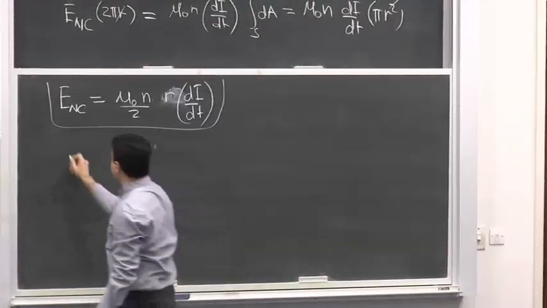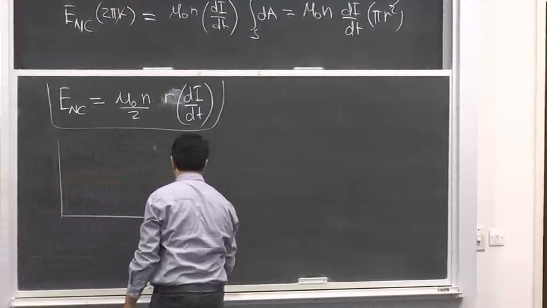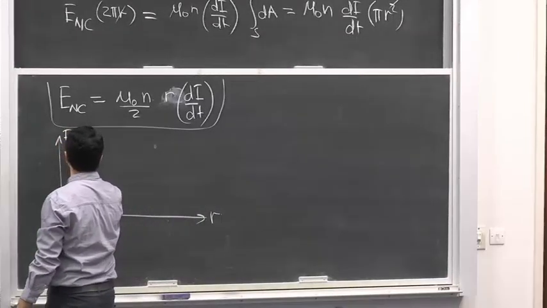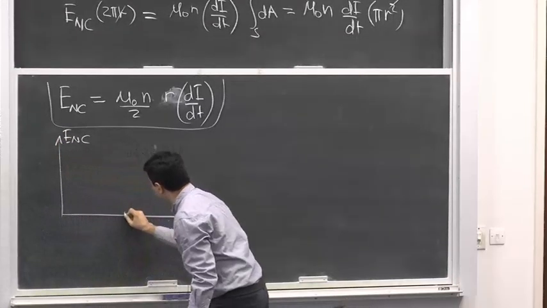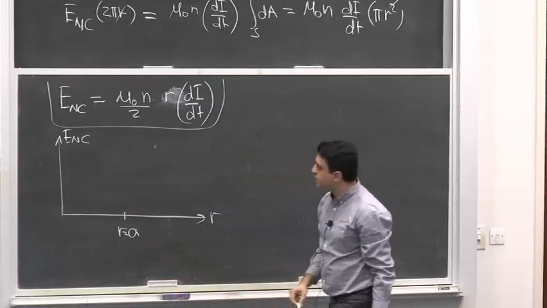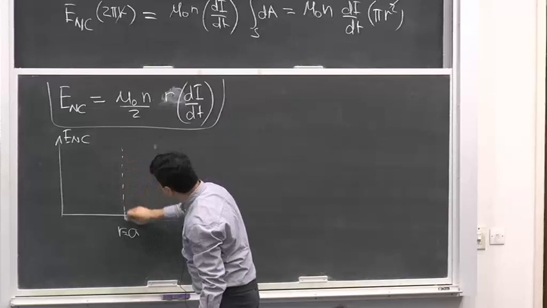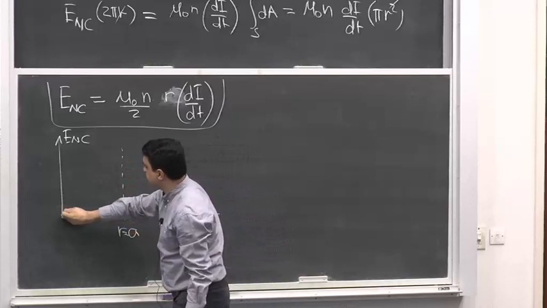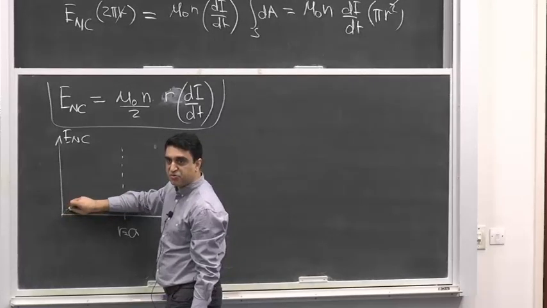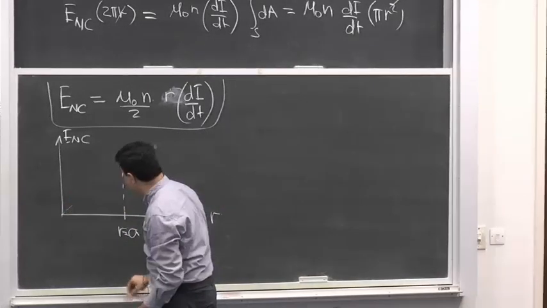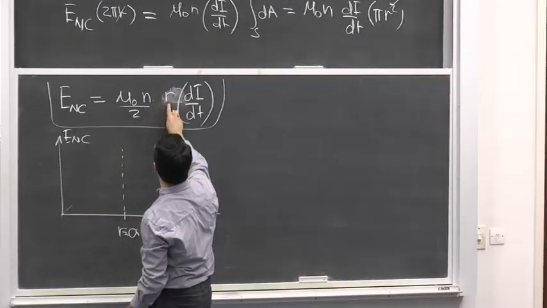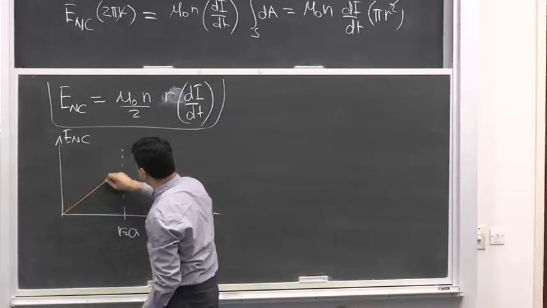So if I combine both the results, let's say this is distance r, and this is the magnitude of the non-Coulombic electric field, and this is the boundary of the solenoid. In the center you don't have any non-Coulombic electric field, but as you move away from the center of the solenoid, the magnitude increases linearly with distance.